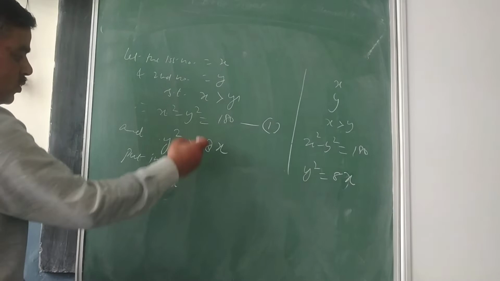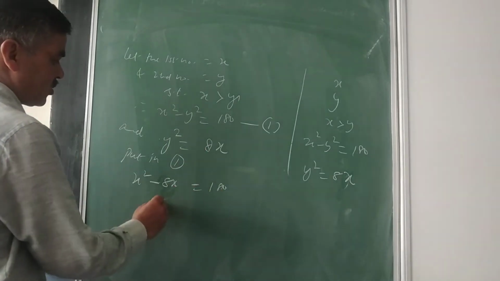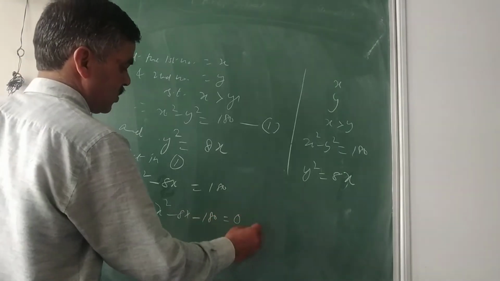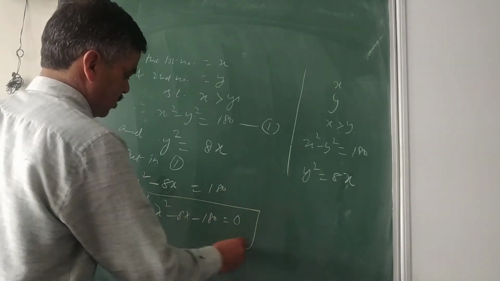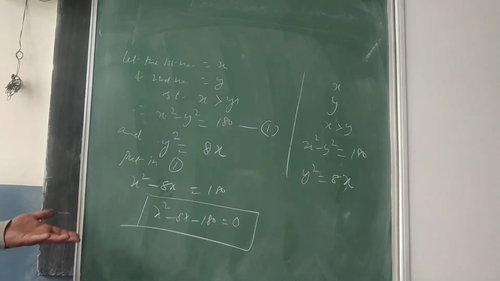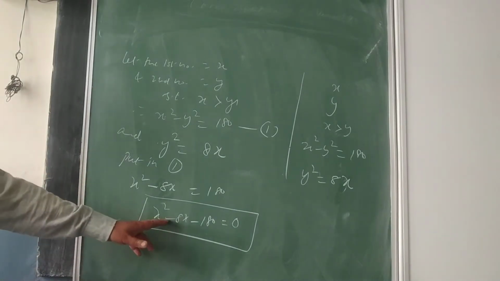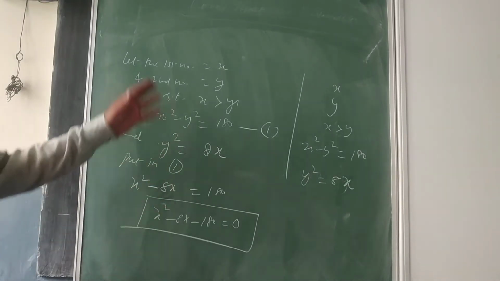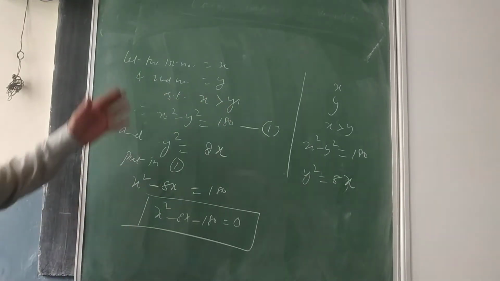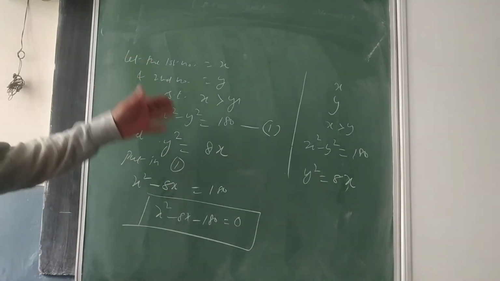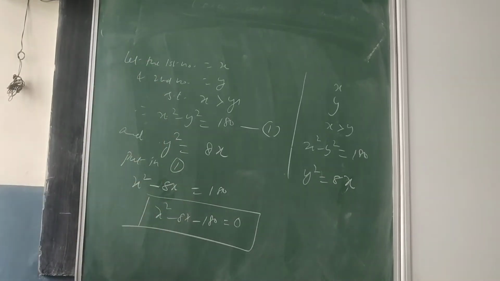When I substitute, it is equal to 180. So the equation is x square minus 8x minus 180 is equal to 0. Now you know 180 factors: 18 and 10 you can think, and the difference of 18 and 10 definitely will be minus 8. In that way you can find the value of x and then substitute that value to write the answer. I don't think anything difficult will be there to write the answer.